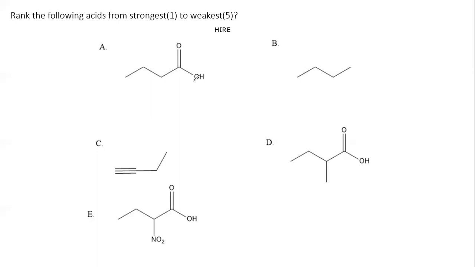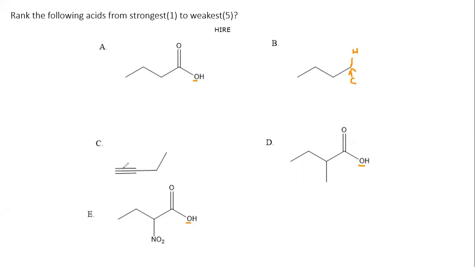So for A, it's attached to an oxygen. D is attached to an oxygen, and E is attached to an oxygen. Now, if we look at, for example, B, butane does have, in theory, an acidic proton, which is attached to a carbon.